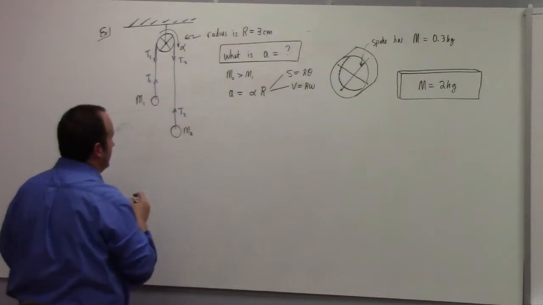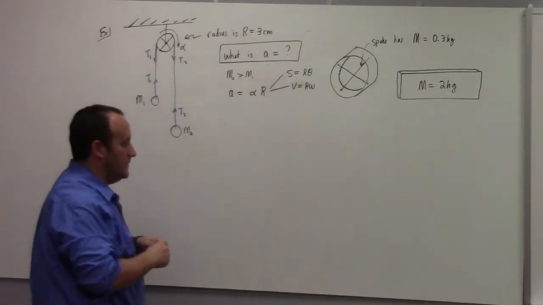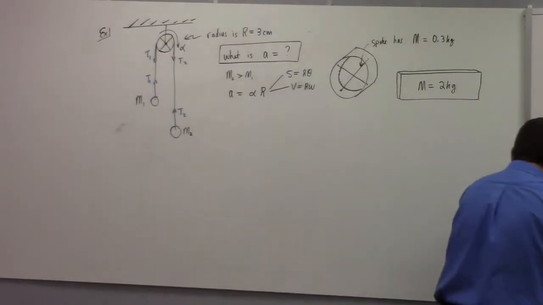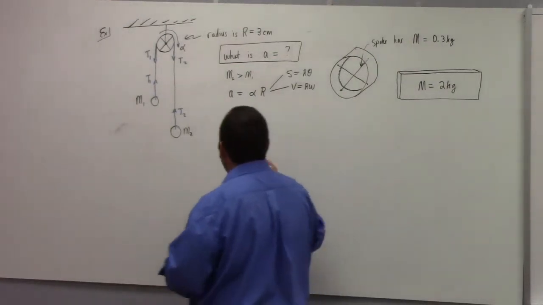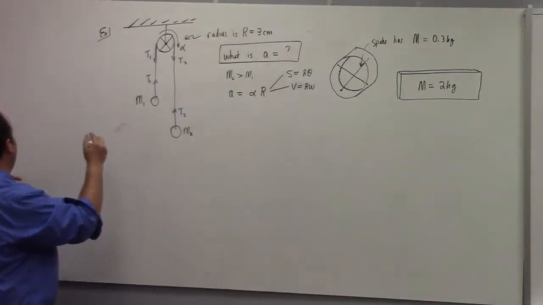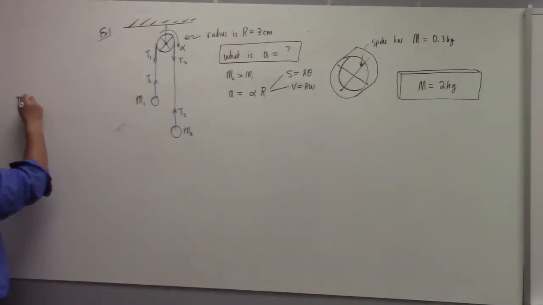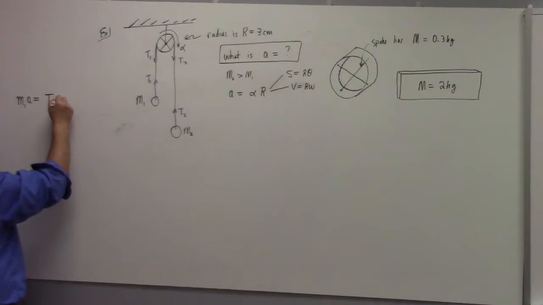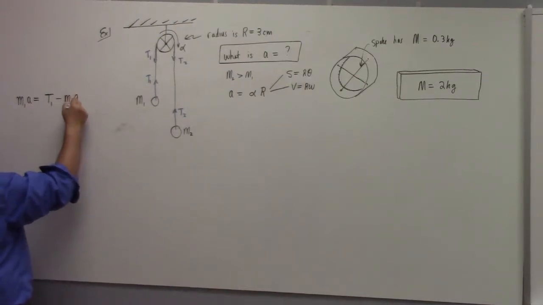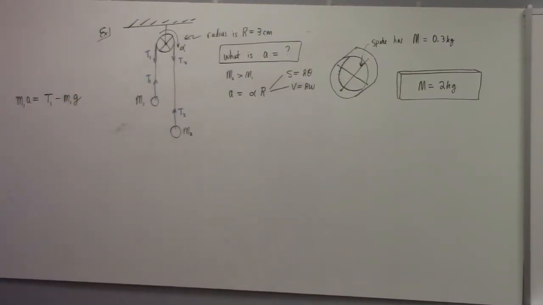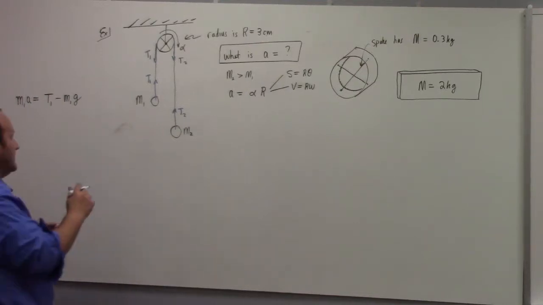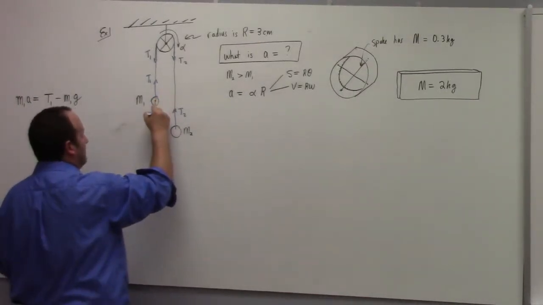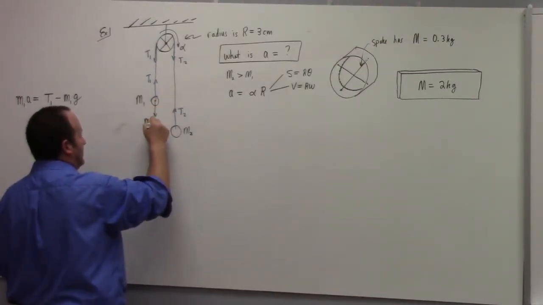All right? So, Newton's second law, we have m1 a equals T1 minus m1 g, because gravity is acting opposite the tension force, right?